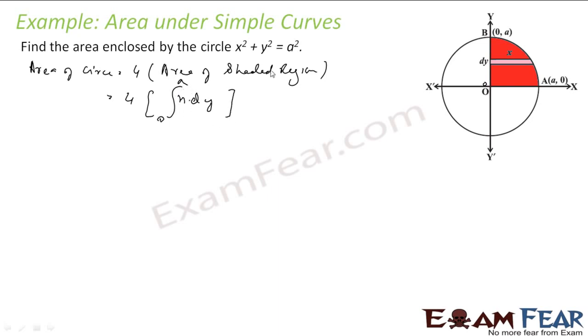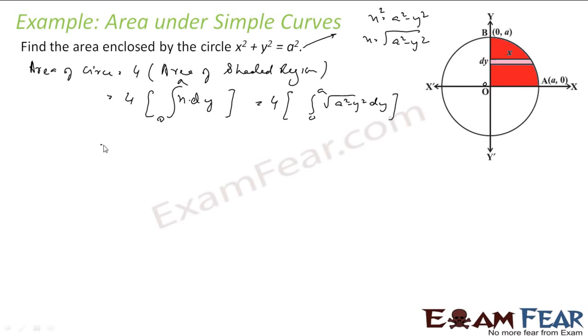Now again I have to write x in terms of y. So x is nothing but, if you see from the equation form, I get x square is a square minus y square. So x is nothing but root a square minus y square. So let's put the same values here. So this becomes, I'll write here only 4 integration of root a square minus y square dy from 0 to a.